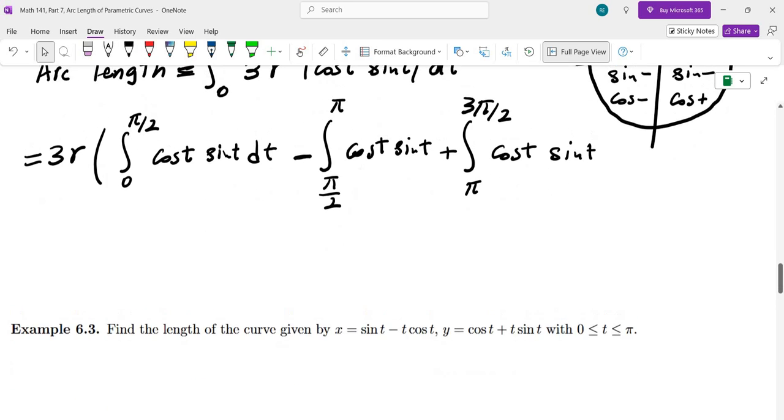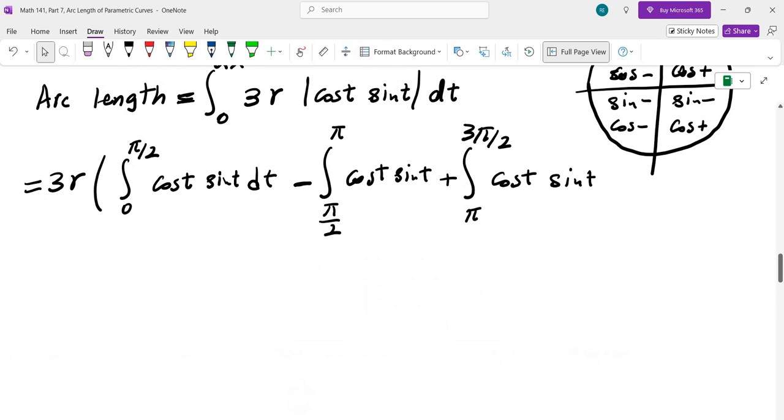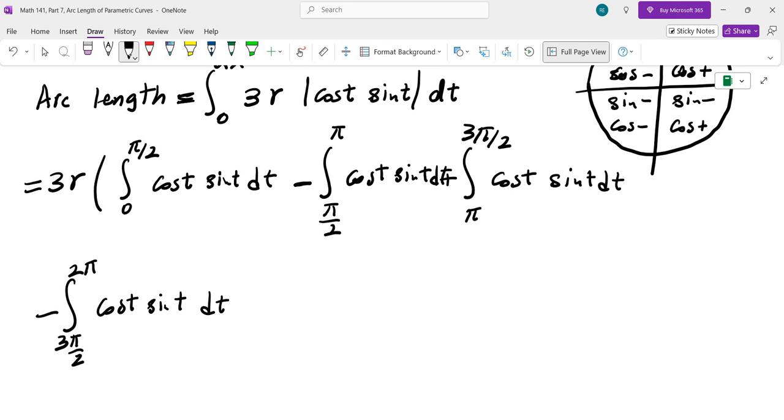And then the last one, when cosine is positive and sine is negative, the product is negative, so we need a negative sign because we have absolute value. So we have 3 pi over 2 to 2 pi, and then we have cosine t sine t dt. I forgot the dt here.